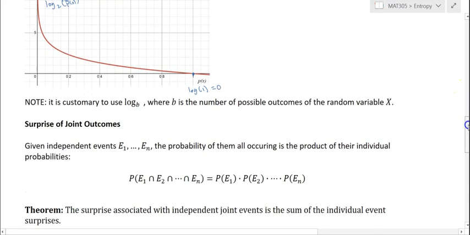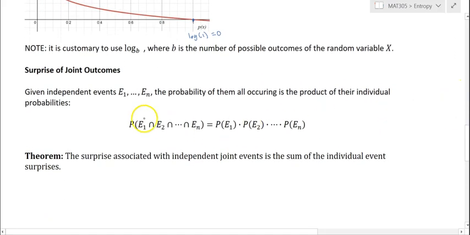Now, in order to utilize the idea of surprise, let's recall that given a series of independent events, we'll label them event 1 all the way up through event n, the probability of them all occurring is the product of their individual probabilities, provided that they are independent, meaning the probability of a subsequent event is not affected by the occurrence of a previous event.